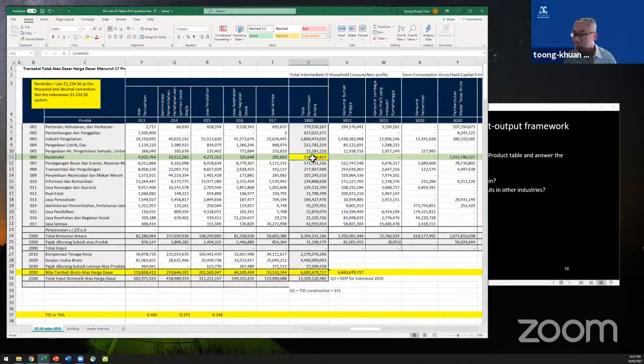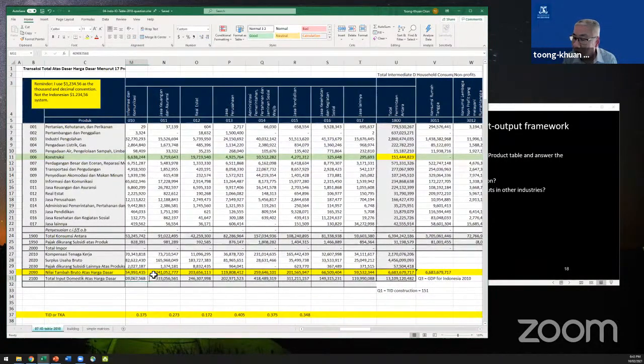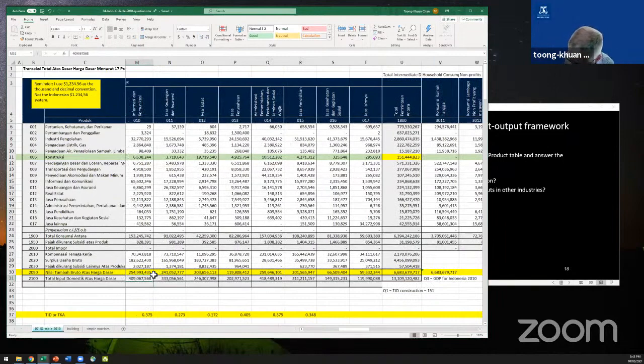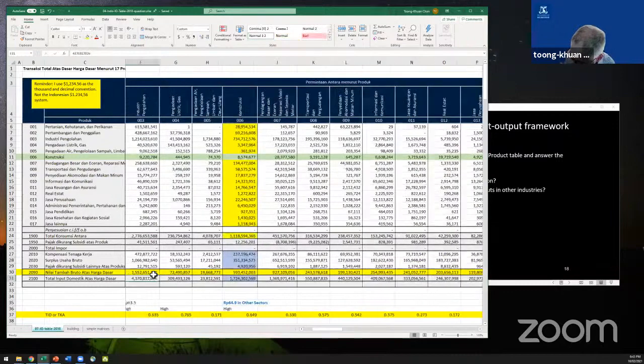So construction total output was, what was the value now? I've forgotten. 1724, right? Let's write this down. 1724 is total output.